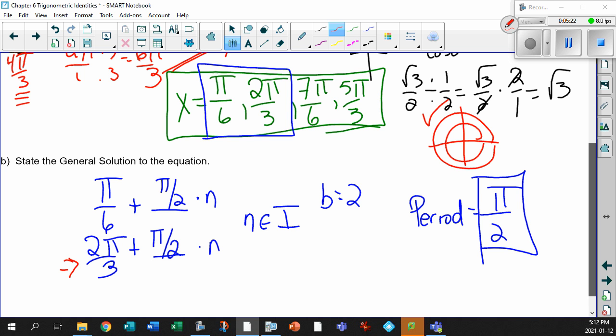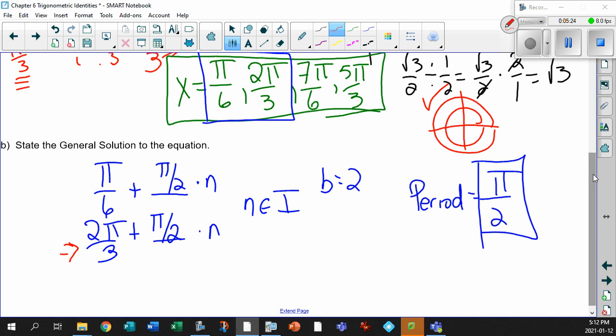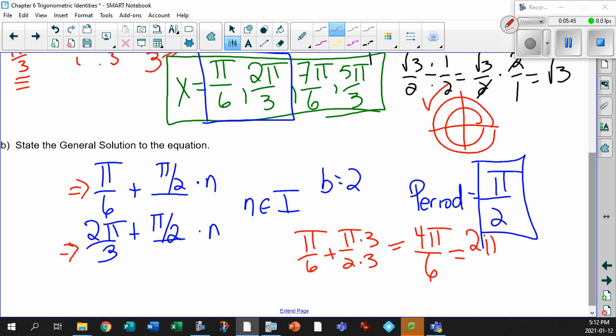I want to show you something which is really, really cool. If you add pi over 2 to this pi over 6, common denominator, right? So I'm going to multiply that by 3 and multiply that by 3. This is going to give me 4 pi over 6, which is 2 pi over 3.